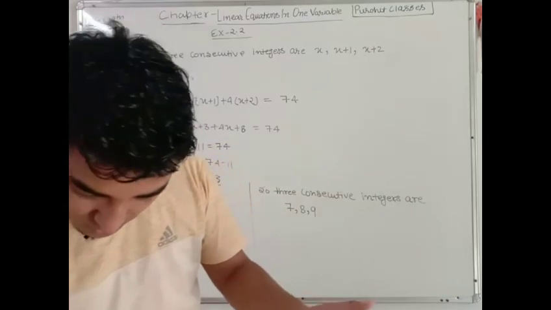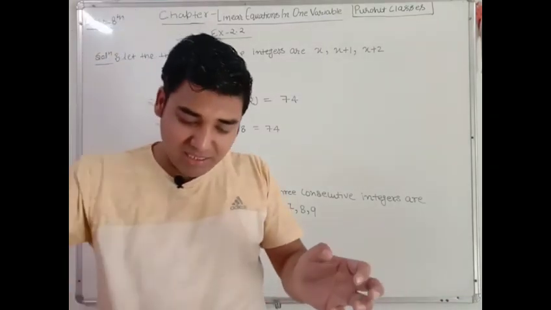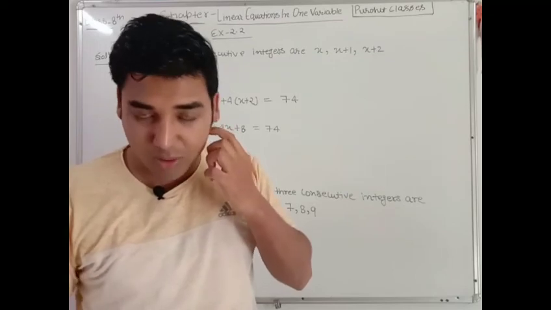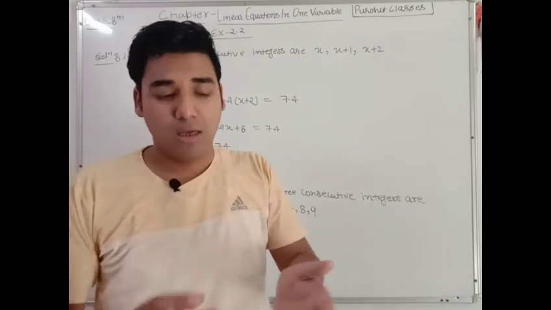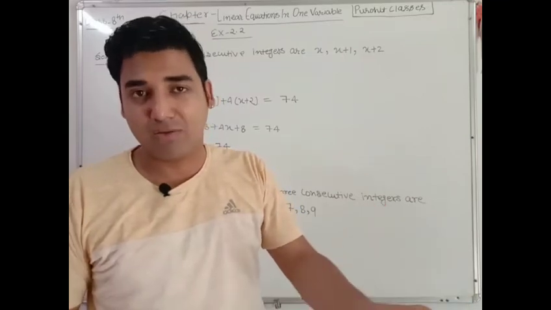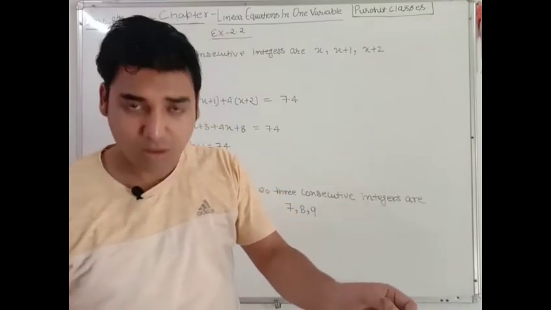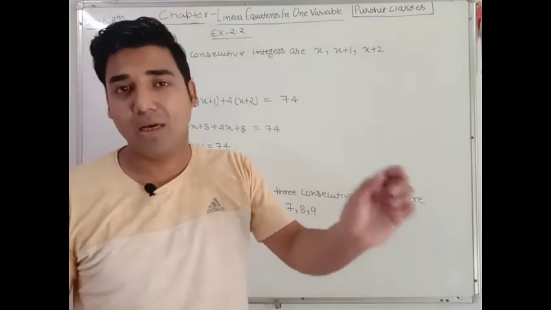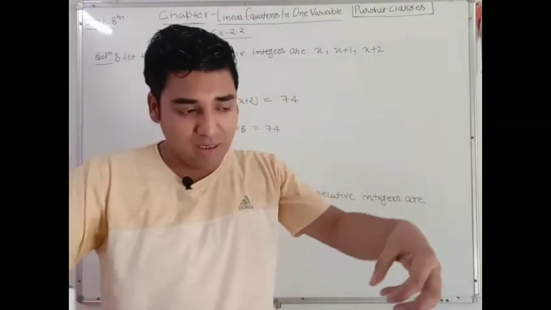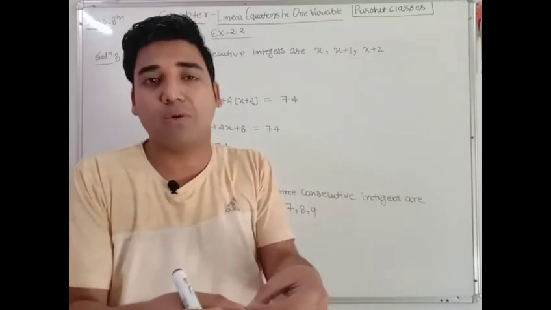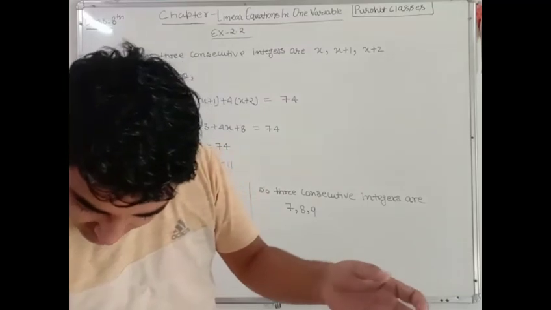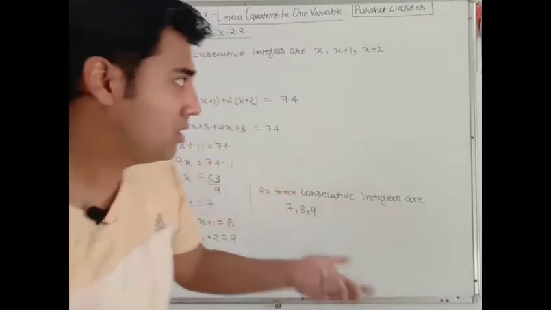So if they are taken in increasing order and multiplied by 2, 3 and 4 respectively, it means the first member, that is x, will be multiplied by 2, the middle one will be multiplied by 3, and the last one or greatest one will be multiplied by 4. And after that, if we add them up, it will yield 74. So this was the question.